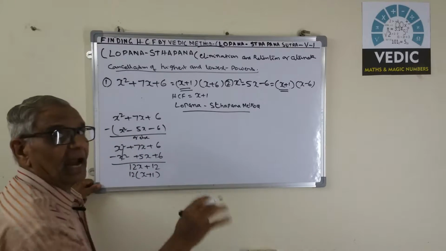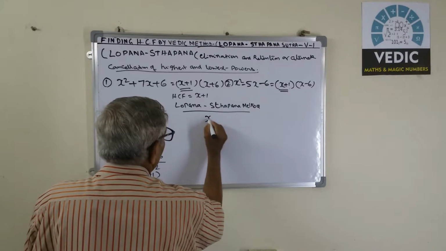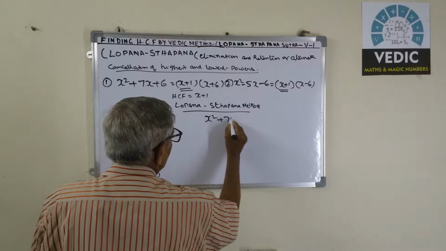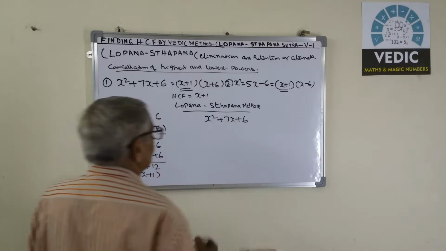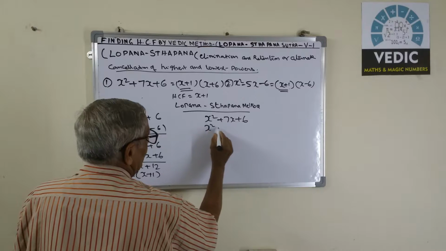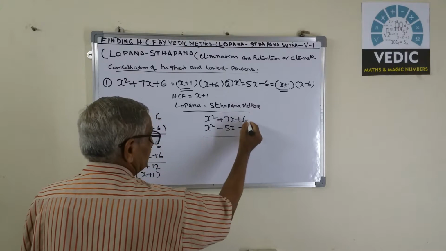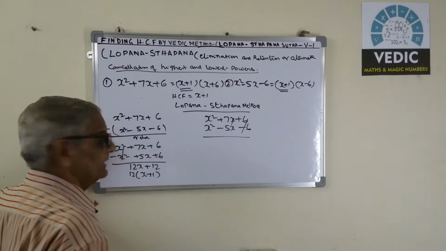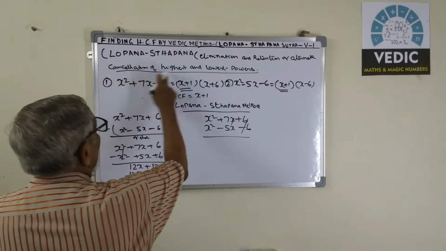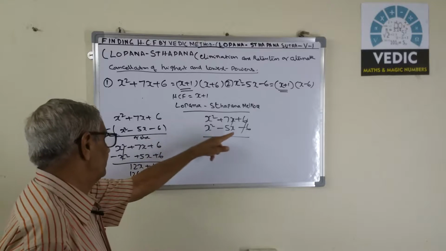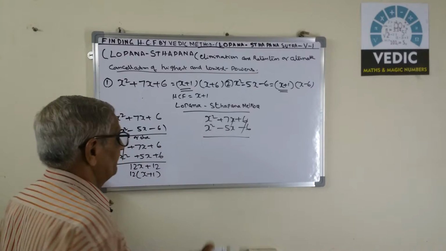Now, let us see the addition method. Take x square plus 7x plus 6 and x square minus 5x minus 6. Here, in the subtraction method, we cancelled the highest powers; now we cancel the lowest powers.